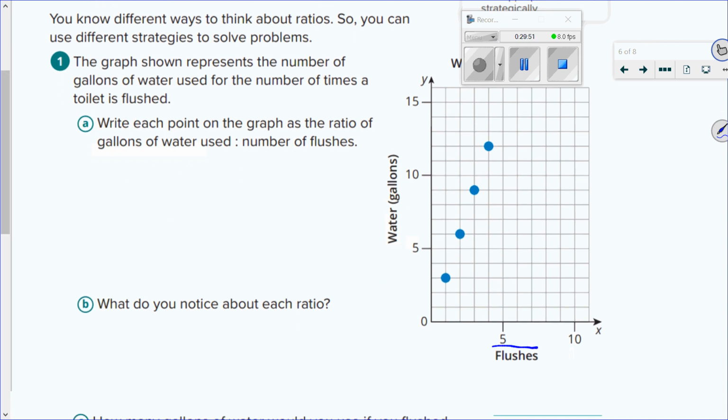Our x-axis represents the flushes, and our y-axis represents the gallons of water. I'm going to read number 1 and then I'm going to explain to you why I'm emphasizing it. It says, write each point on the graph as a ratio of gallons of water used to number of flushes. When we do graphs such as this and ask you to write the ordered pair, what always comes first?